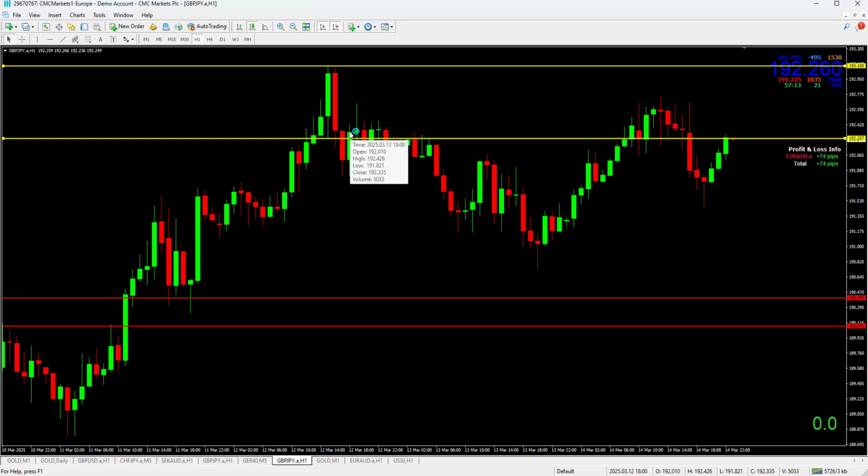Regardless of whether it has a wick or not, as long as it closes back inside the range, it's a proper retest.